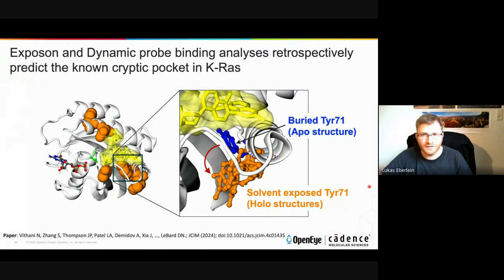We also see that this buried tyrosine 71, which points more inside the protein in the apo structure, is solvent exposed in the holo structure, so after the simulation. So this tyrosine 71 may act as a gatekeeper for the cryptic pocket to open.